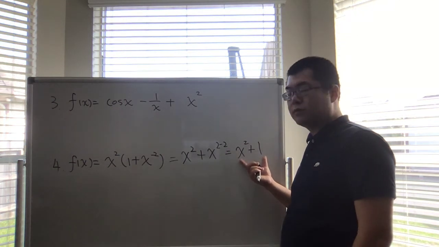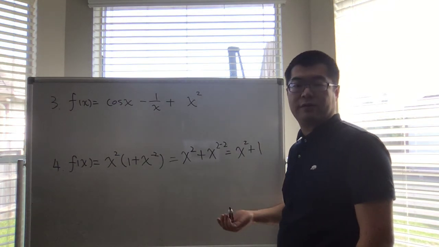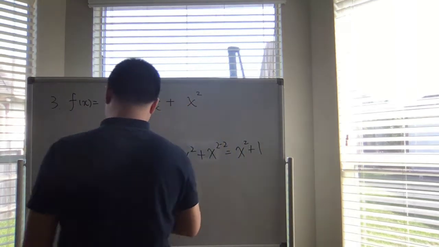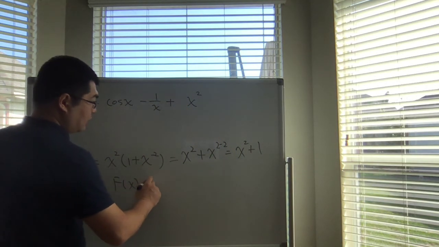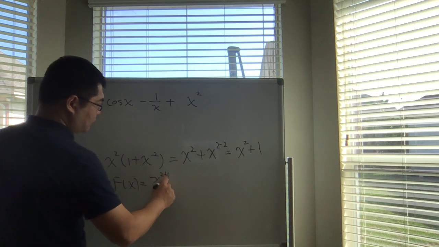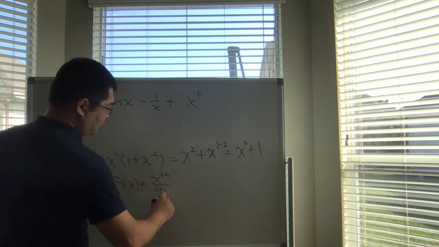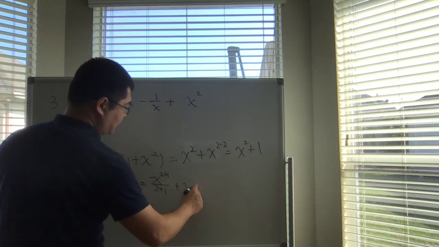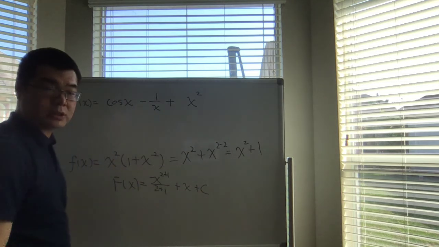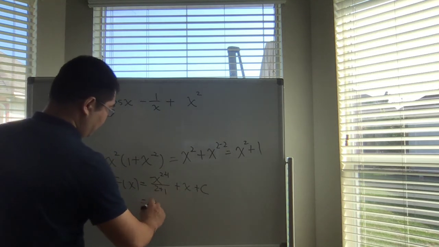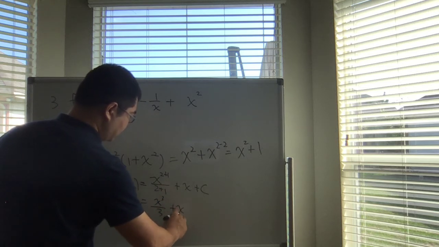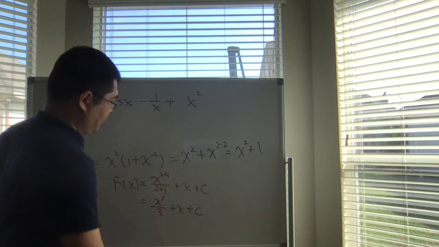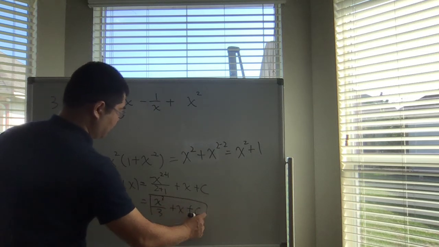To find the antiderivative of this, it's very straightforward. Agree, right? So let me write here. Capital F(x) is going to be x to the power of 2 plus 1 over 2 plus 1, plus x, plus constant c. And if you simplify, you have x cubed over 3 plus x plus c. Now we're done with this.